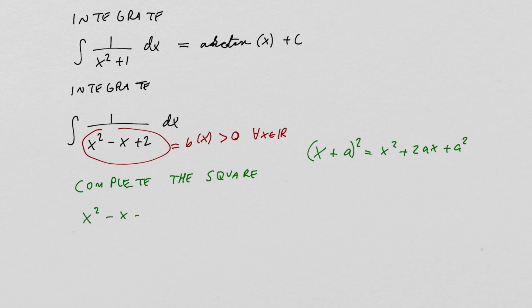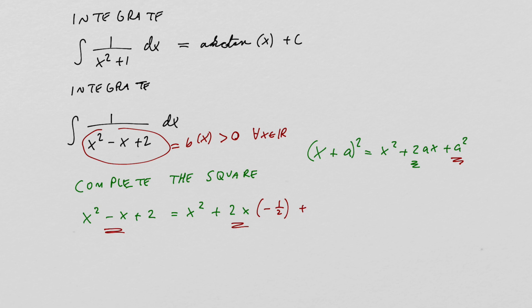Our function looks like this, and we want to have it in the same form with the number 2 there. So let's force a number 2, and then we have the x, and now to make these terms equal, what is our a? Our a needs to be -1/2. Then we need to have a plus a squared. So let's add it there.